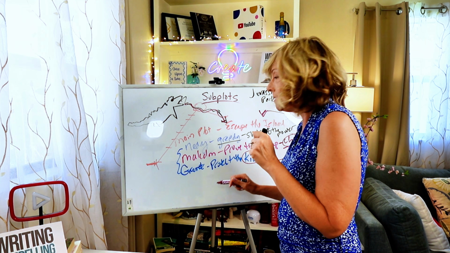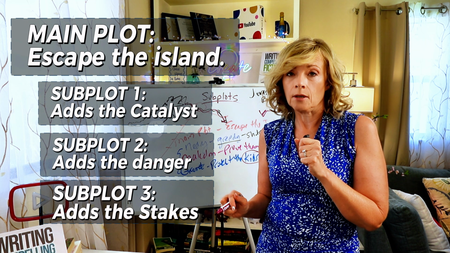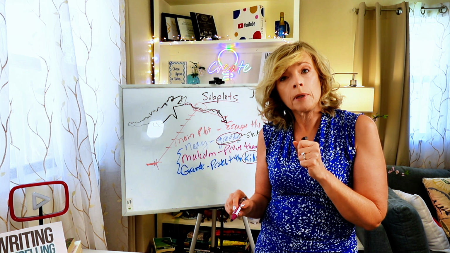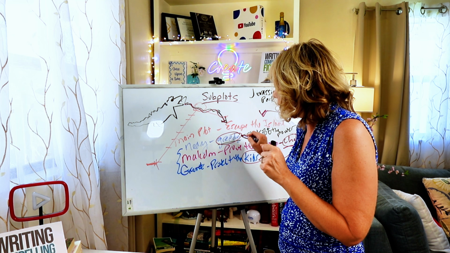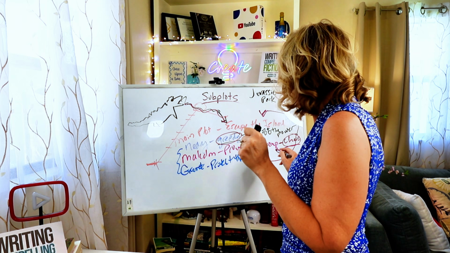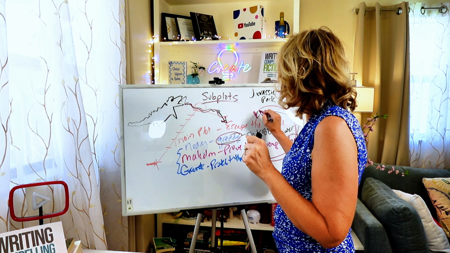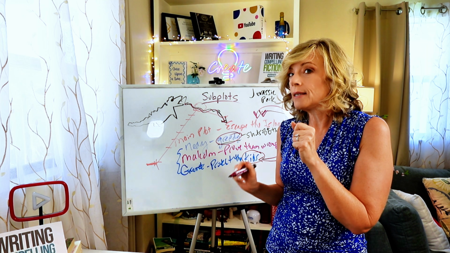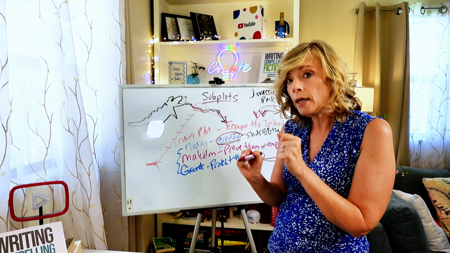Without the kids, the movie wouldn't be as nearly interesting as it is. And without the greed, none of this plot would have been kicked off. So each of these subplots that you have does one thing and one thing only. It feeds into the main plot and makes it stronger, makes it matter more, makes the stakes higher, and makes everything interlock.